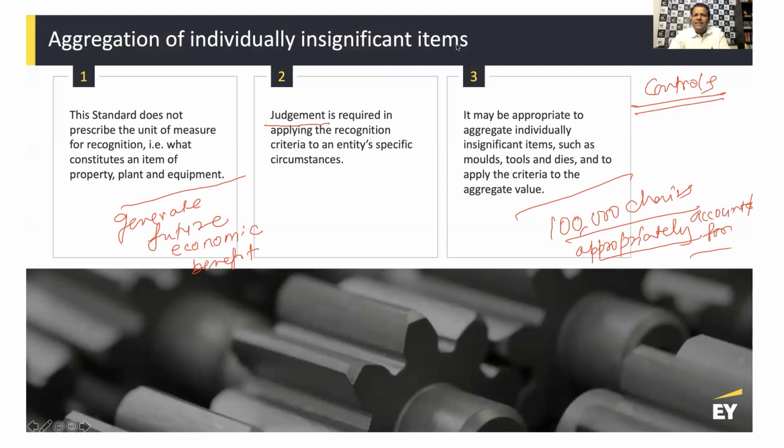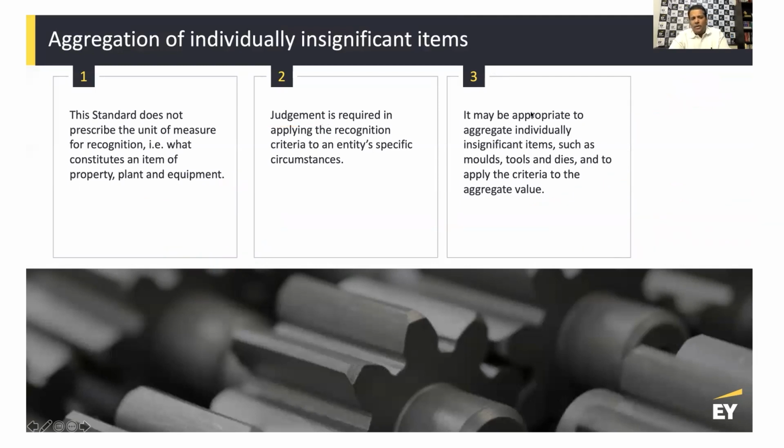So it is important for you to understand the concept around aggregation, which is again not provided for in the accounting standard. And hence it's an area where we need to apply judgment appropriately, and deal with this as we move forward.